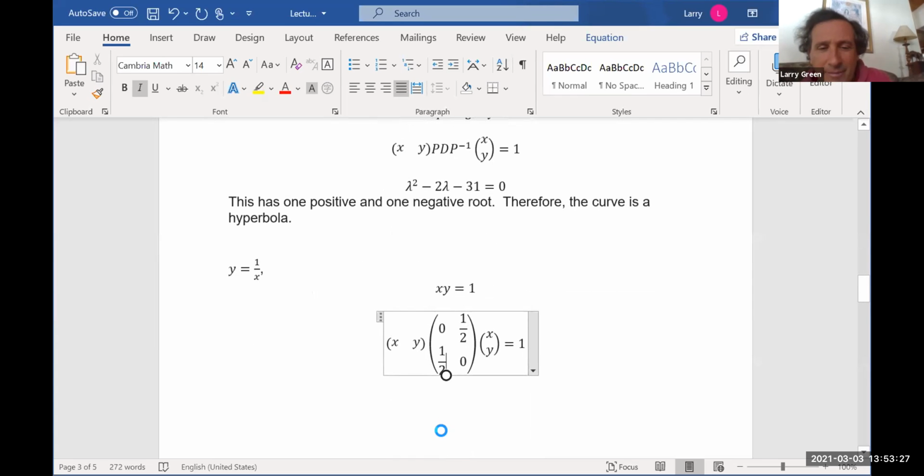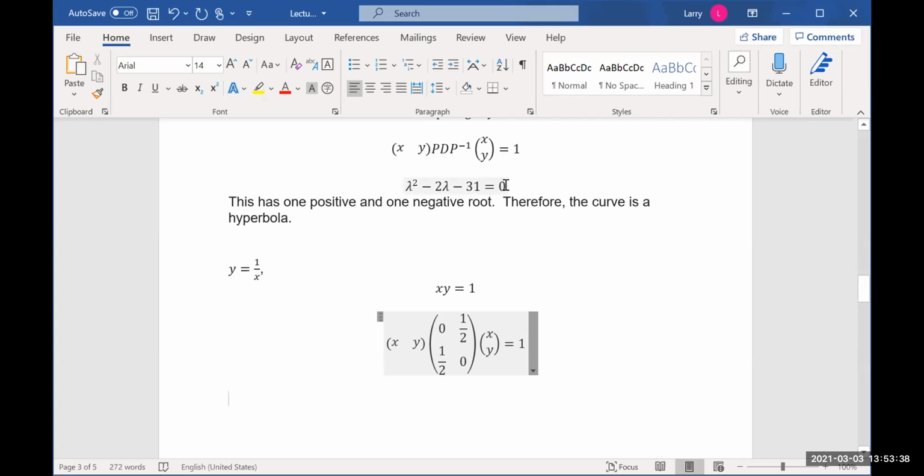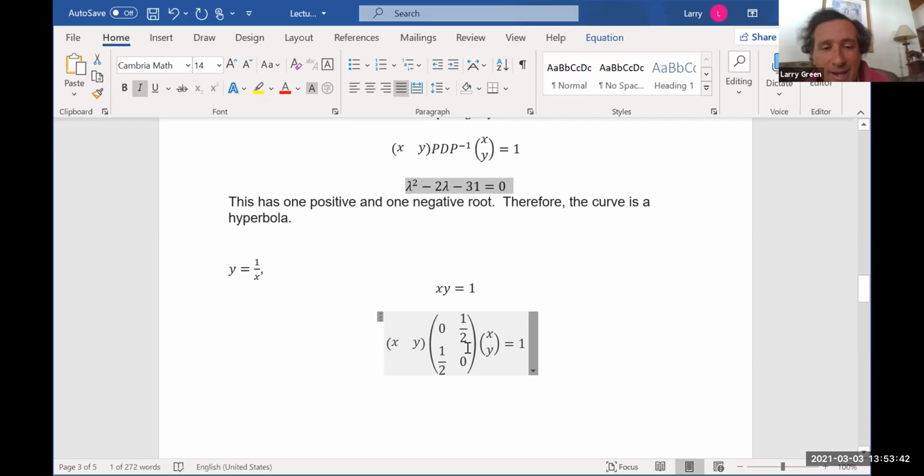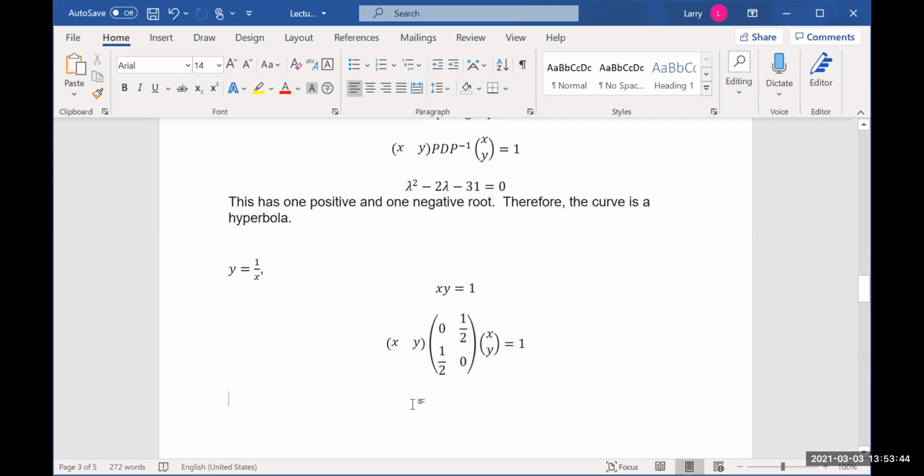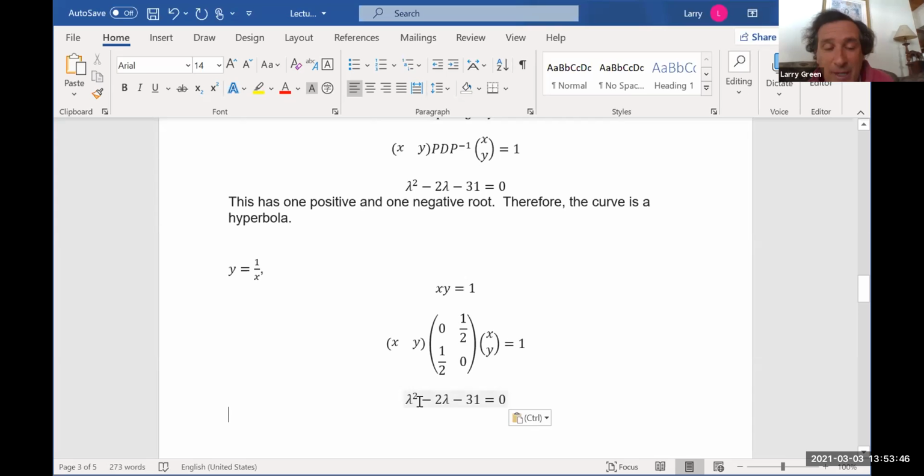All right. Now it's starting to look like what we've been doing, isn't it? All right. What's the next step? Diagonalize. Yeah, we diagonalize it, and we do that by finding the characteristic polynomial. Okay. And if we want to just show it's a hyperbola, you don't actually have to do the full diagonalization. All you have to do is get the characteristic polynomial. What's the trace of this one? 0.